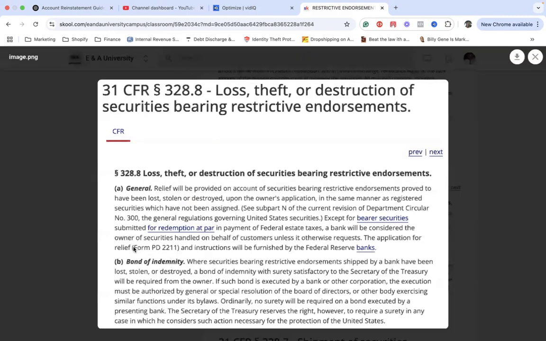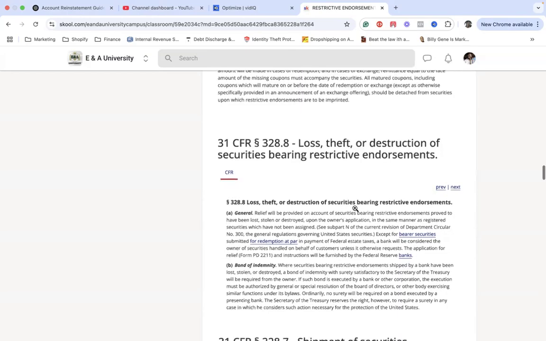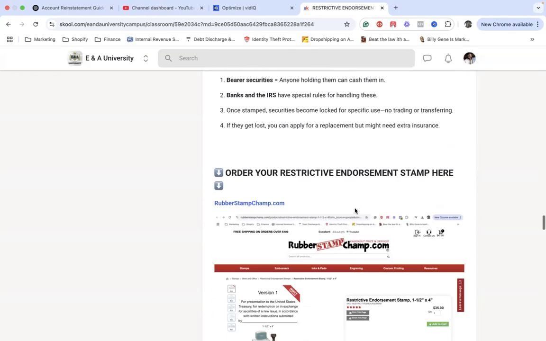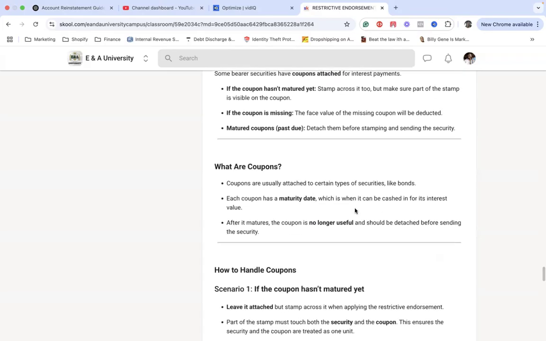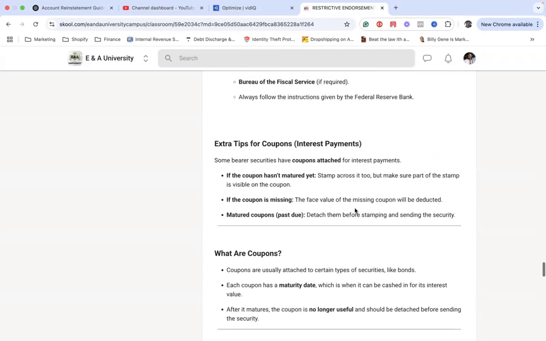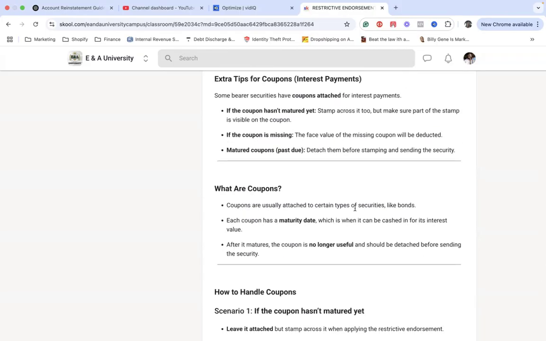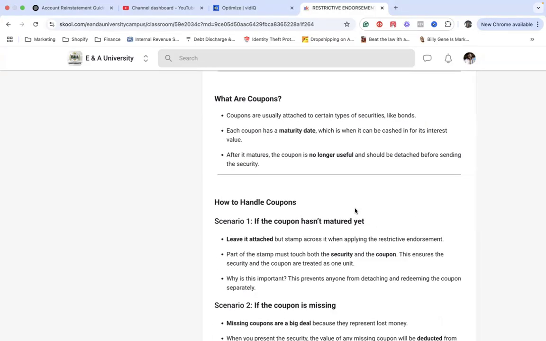So you want to get this form right here, form PD 2211. So that's the relief form. If you receive one and it's missing anything, or it gets lost, then that's a form you fill out. That is instructed, and that's what it says.